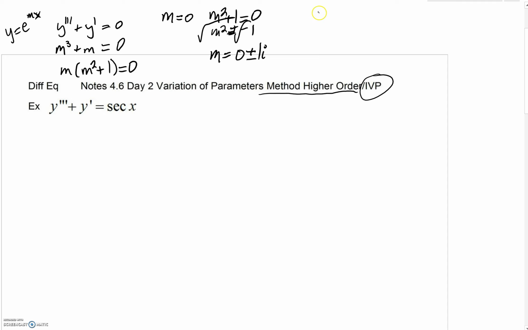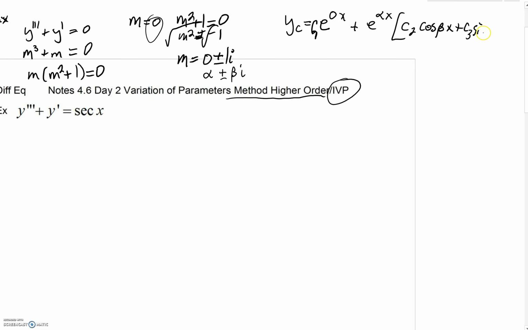What are we getting at? Your homogeneous solution would be e to the, well, with the 0, that's 0x, and forgive me, I should put a constant out in front there. We could call that c1. And then remember, when we have alpha plus or minus beta i, we're always going to have e to the alpha x, and then cosine of beta x plus another constant times sine of beta x.